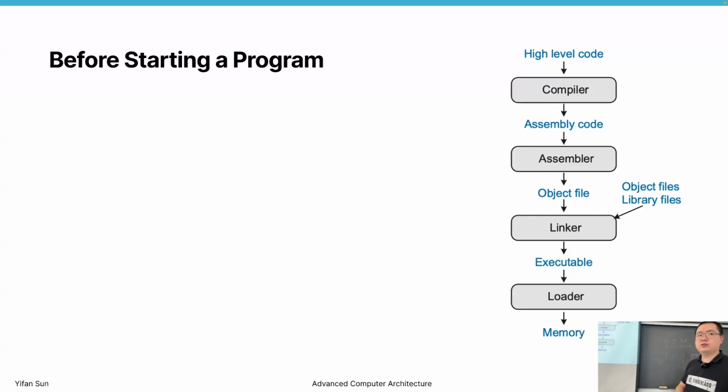So if it needs to reference another file, it needs this linking process. For example, if I'm calling a function, and this function is only declared in my header file, we don't really know the implementation of that function, which is to be compiled in another .o file. Eventually, we need a linker to combine them together.